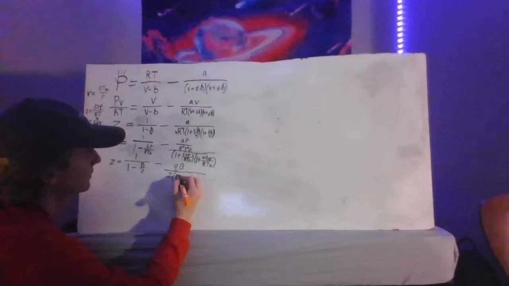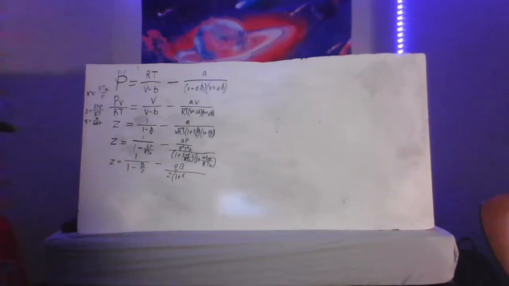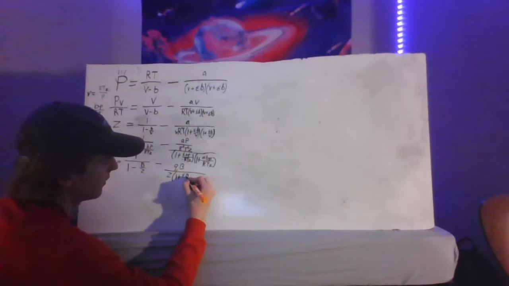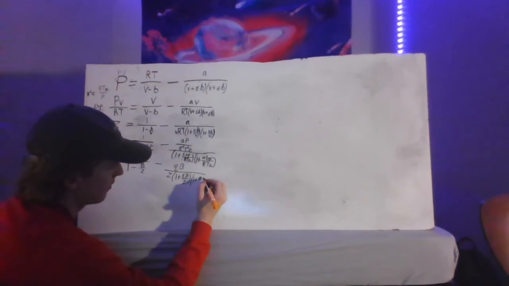So 1 plus epsilon beta over Z, and then 1 plus sigma beta over Z as well.